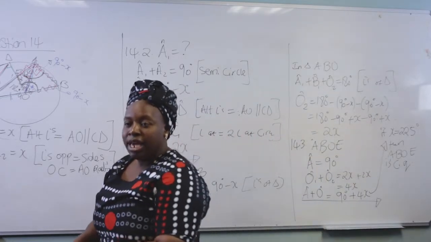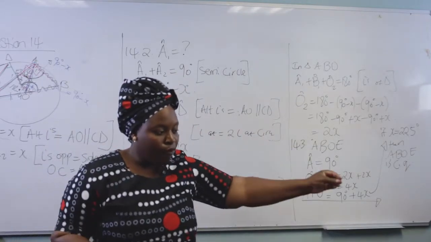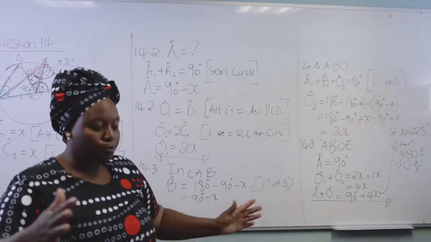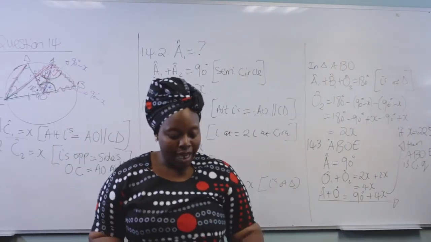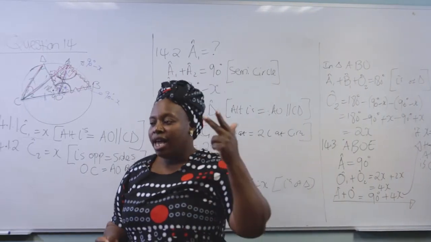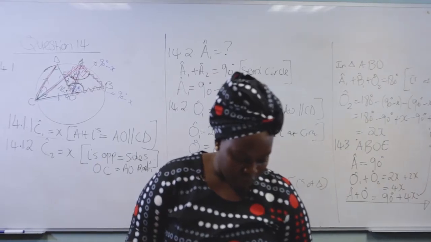And sometimes they don't ask it like that. They'll just go straight and say, prove that this is a cyclic quad. And they need you to look at those conditions and make sure that you get it correct, like the supplementary angles, the exterior angle, and the same segment. That is the end of this question.